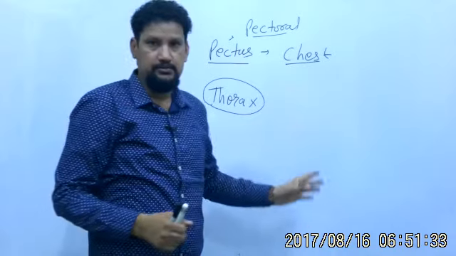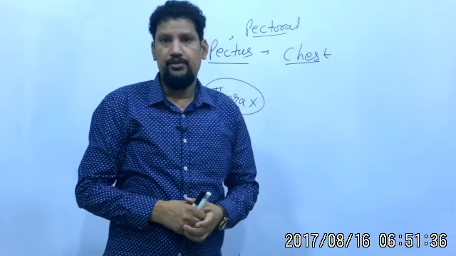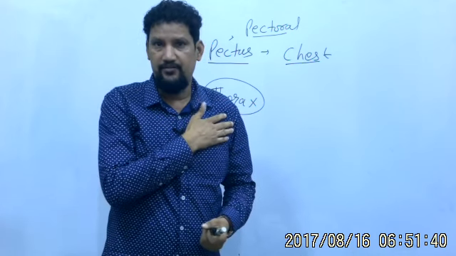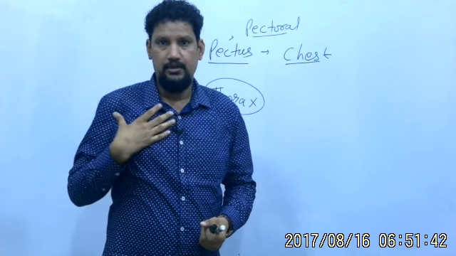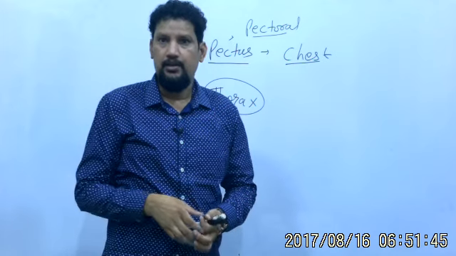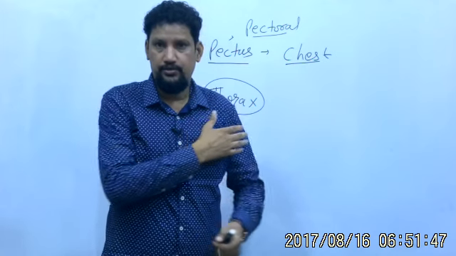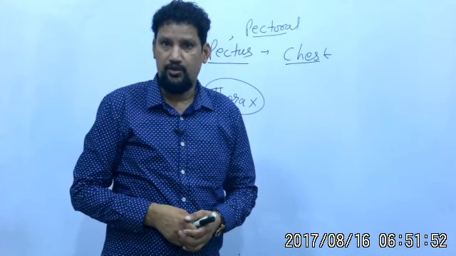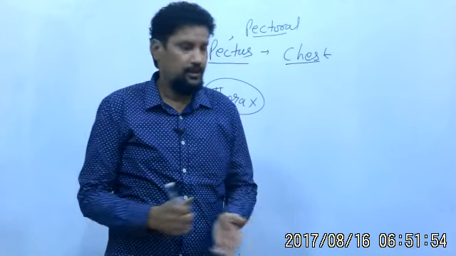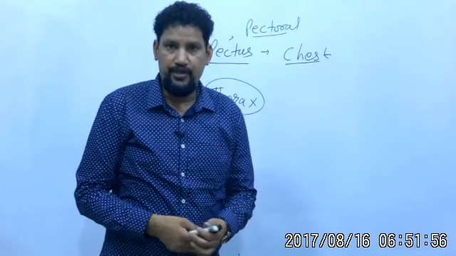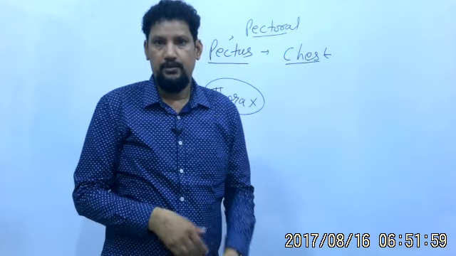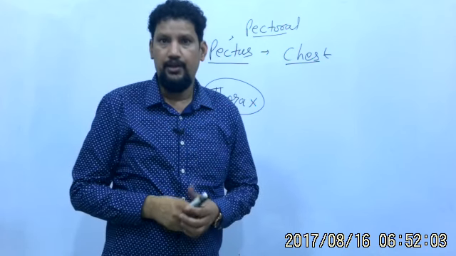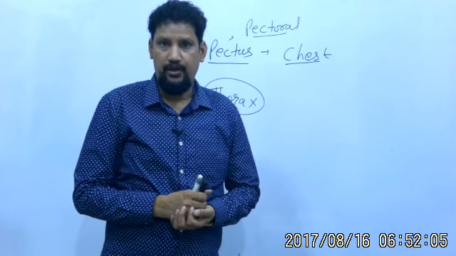All are contained in the chest cavity or the thorax, but the superficial part, which is connecting the thorax to the upper limb, is known as the pectoral region, or simply the anterolateral part of the uppermost part of the trunk.